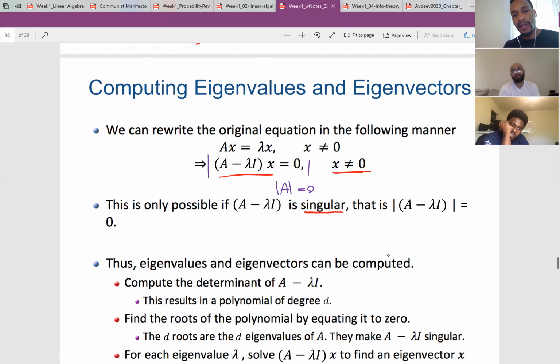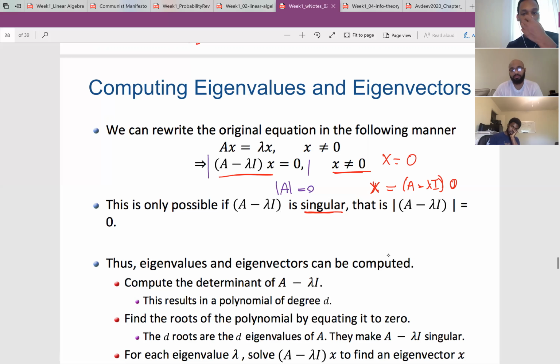If I could invert this, A minus lambda I, that means I could write x equal to A minus lambda I inverse times 0, which is 0, which would make x equal to 0.